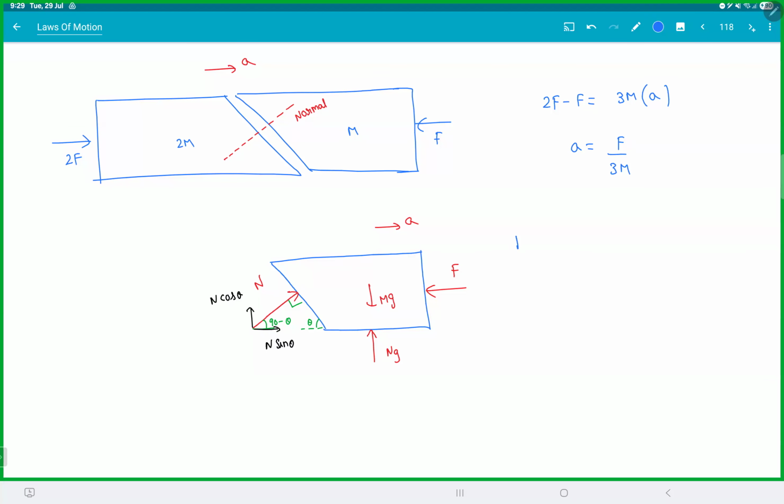Now, if you take the horizontal direction, in the horizontal direction, what are the forces? N sin theta, right side, F is negative because it is left side, is equal to mass into acceleration. This will be N sin theta is equal to F plus ma. ma is nothing but F by 3. From here, I'll get the normal reaction, 4F by 3 sin theta. This is your N between them.